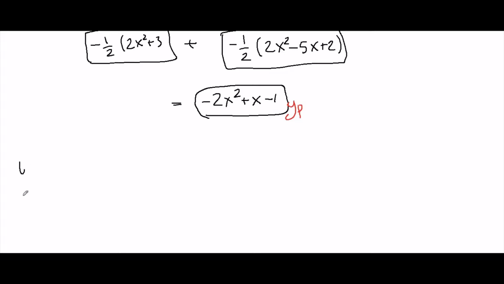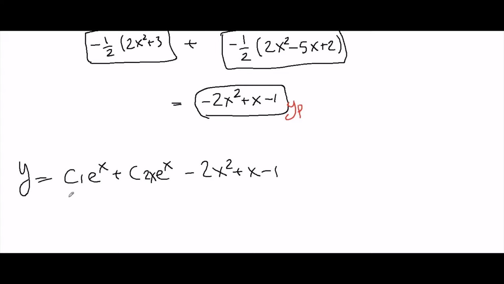Now our y general is equal to the y homogeneous part, or y complementary part, whatever you call it in your book, which will be c1 e to the x plus c2 x e to the x, minus 2x squared plus x minus 1.